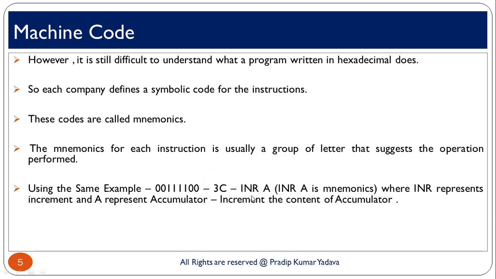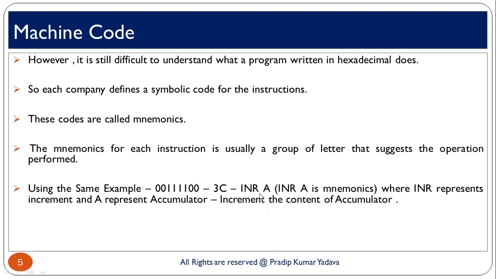Now, if we look at this pattern, 3C is much easier to enter compared to this bit pattern. And this is much easier to understand. What is the meaning of that? INR represents increment, and A means register A, or you can say accumulator.